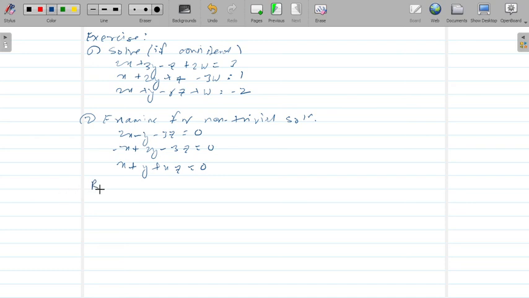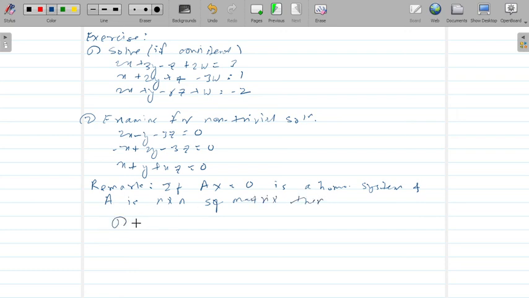One important remark I'm going to tell you: if Ax is equal to 0 is the homogeneous system, and A is an n by n square matrix, then the system has only a trivial solution or zero solution.